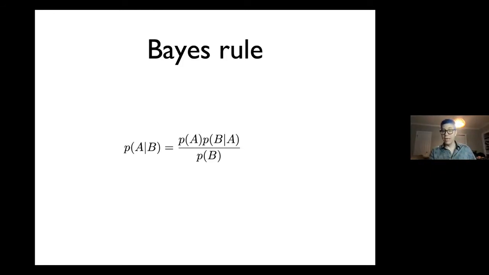Well, that's the probability of there being that location, the prior location, times the probability of B given A divided by the probability of B. And you can derive that rule from the so-called product rule, like the probability of A and B is the probability of A times the probability of B given A, but it's also the probability of B times the probability of A given B. You equate those two, you can prove Bayes' rule.